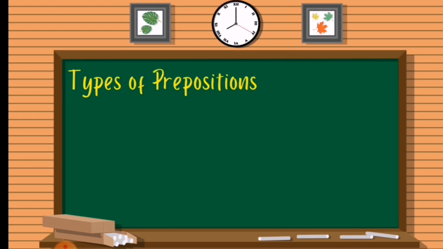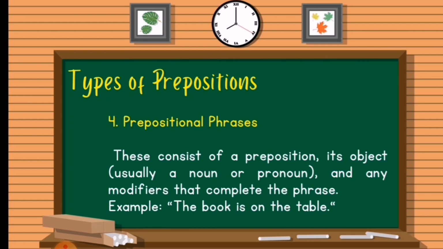So the next type of preposition is the prepositional phrases. So this consists of a preposition, its object, usually a noun or pronoun, and any modifiers that complete the phrase. So like for example, the book is on the table.